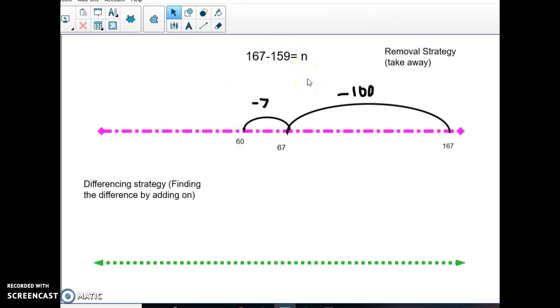Okay, so I have removed 107, but I have 159 to subtract, so I can remove another 50. So I'm going to use my jump again. Maybe just make it this size. And then I'm going to write that I'm subtracting 50.